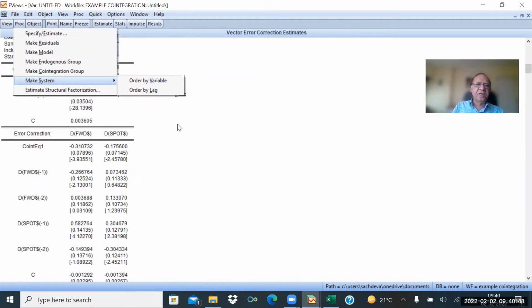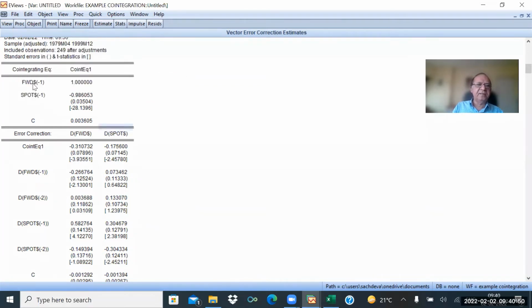If we name these variables, this one is C1. The cointegrating equation coefficient is C1, and then forward $1, that is the original cointegrating equation, and then spot $-1, that is lagged, not first difference.